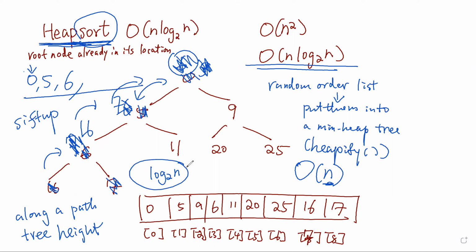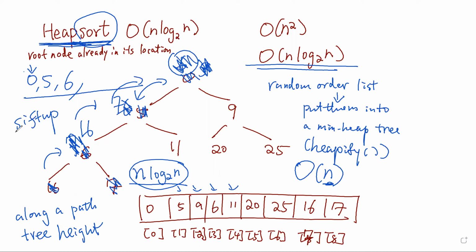This is the tree height. Overall it's log 2n on average. But this removal involves everyone, so totally you have n numbers.